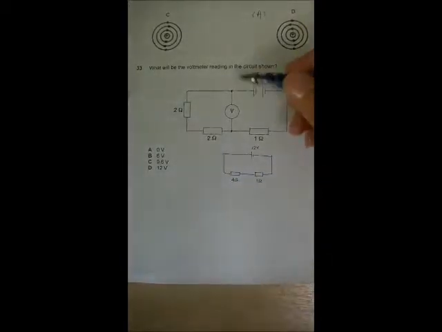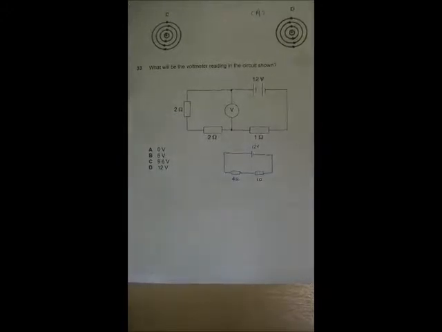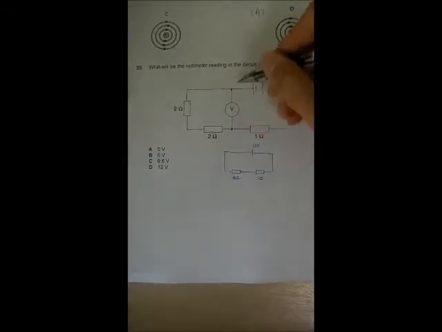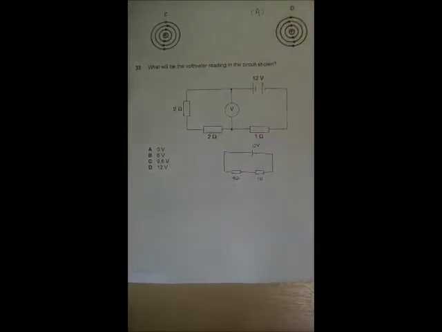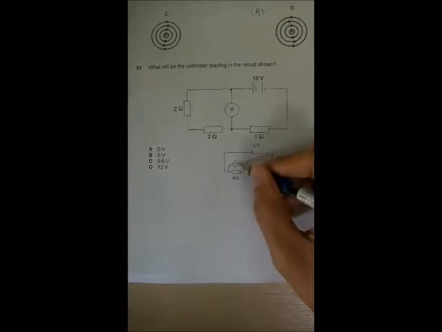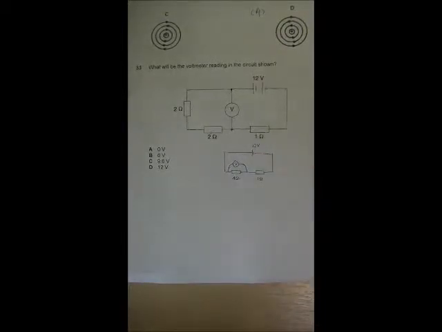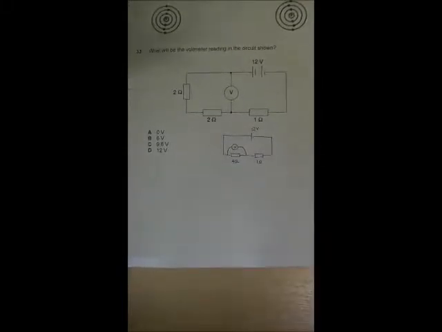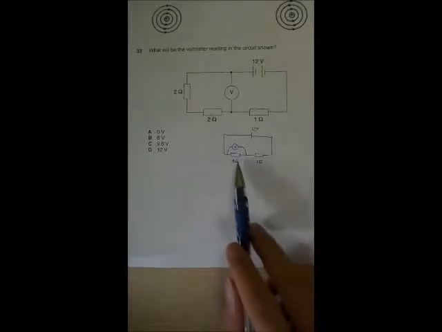So your voltmeter, you can treat it as invisible. So this voltmeter is actually measuring the potential difference for these two resistors. So basically you can just treat it this way, and things will become much clearer, right? Series circuit, voltage is being shared.